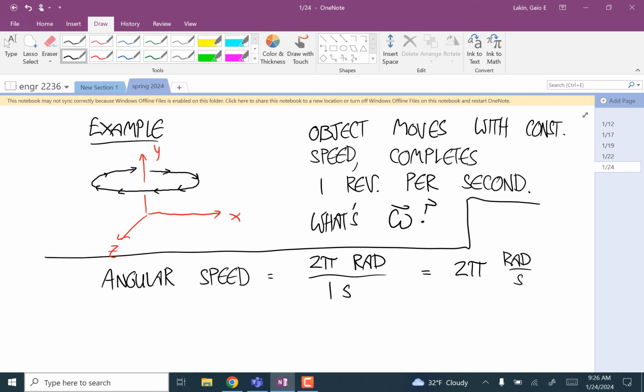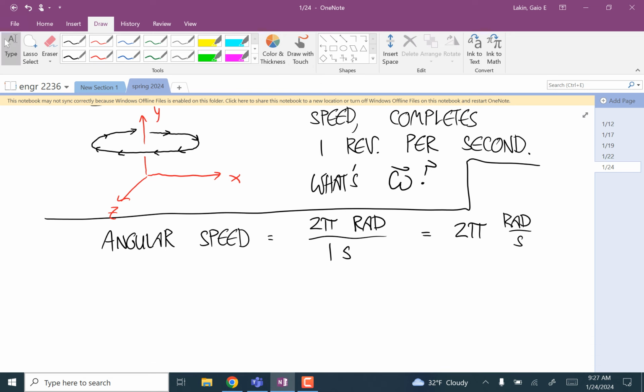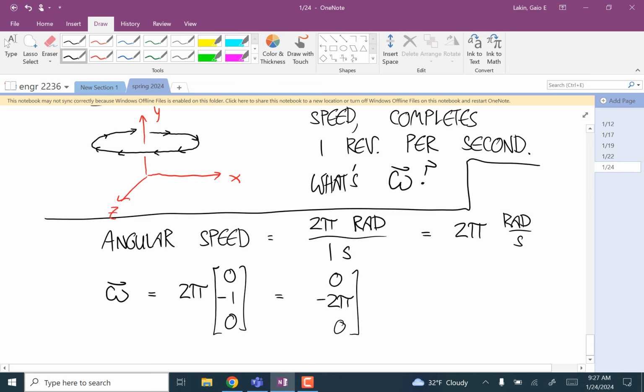So it's going around the back toward the front like this. And so your thumb is pointing in the negative y direction. And so this vector is 2 pi times the unit vector 0, -1, 0. And that's 0, -2 pi, 0 radians per second.